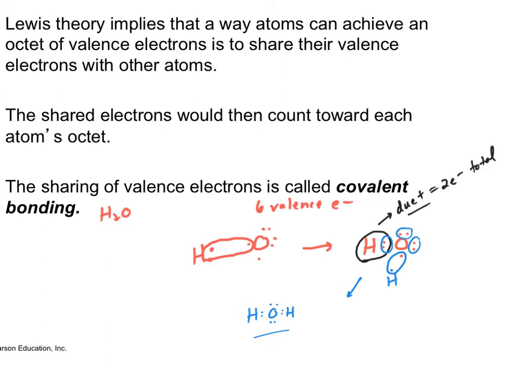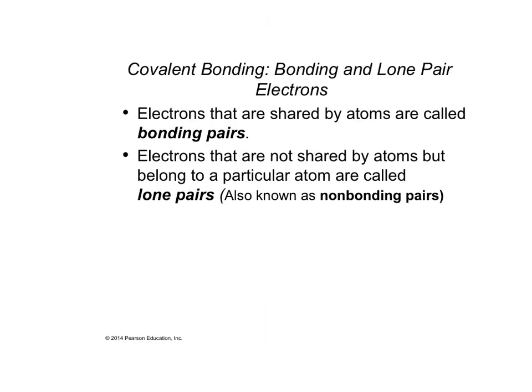Okay, so a couple of things that we have to define with respect to this structure. Go ahead and redraw it again. So I'll go back to black. We've got hydrogen, oxygen, hydrogen, and then we've got these 2 electrons around oxygen. So there are 2 different types of electrons in this structure right now. Okay, there is what we call bonding electrons or bonding pairs. So bonding pairs comes in pairs.